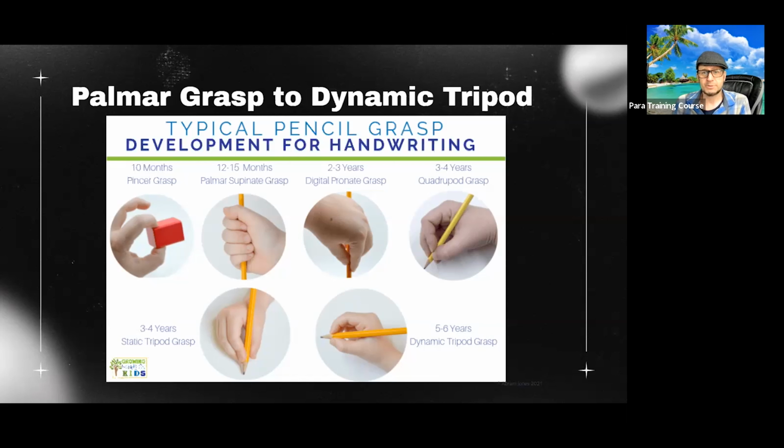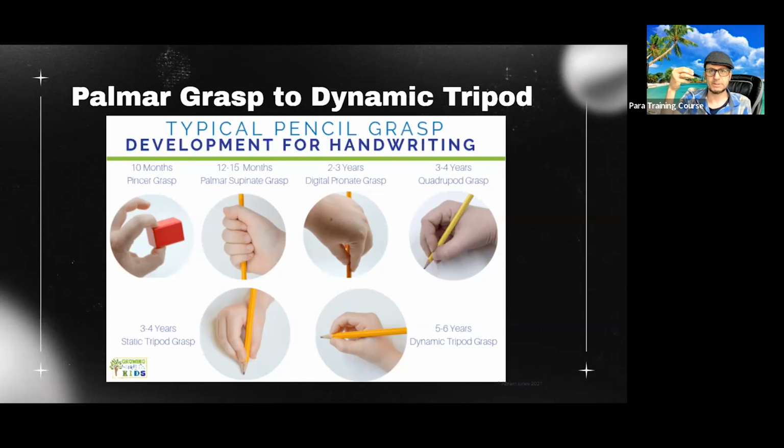At 2 to 3 years, they can do the digital pronate grasp. You can see the fingers are all pointed down here. And 3 to 4 years, the quadrupod grasp. Quadrupod means 4 feet. So you've got 4 fingers minus the pinky, holding the writing utensil. 3 to 4 years, the static tripod grasp is usually seen.